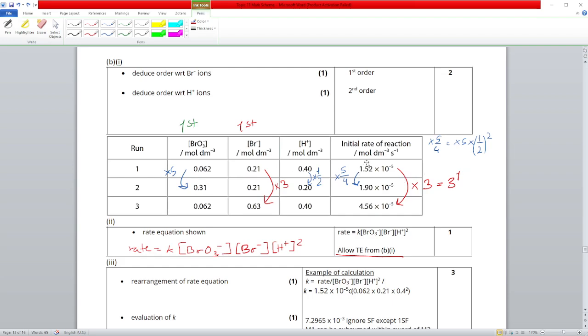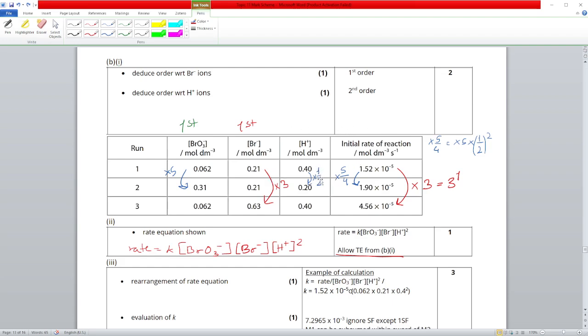At the same time, the initial rate of reaction changes on a multiplier of 1.25, which is 5 over 4. From this, we know that the 5 to the power of 1 comes from the bromate, which leaves us 1 over 4, which is half squared, which means that the hydrogen is second order.